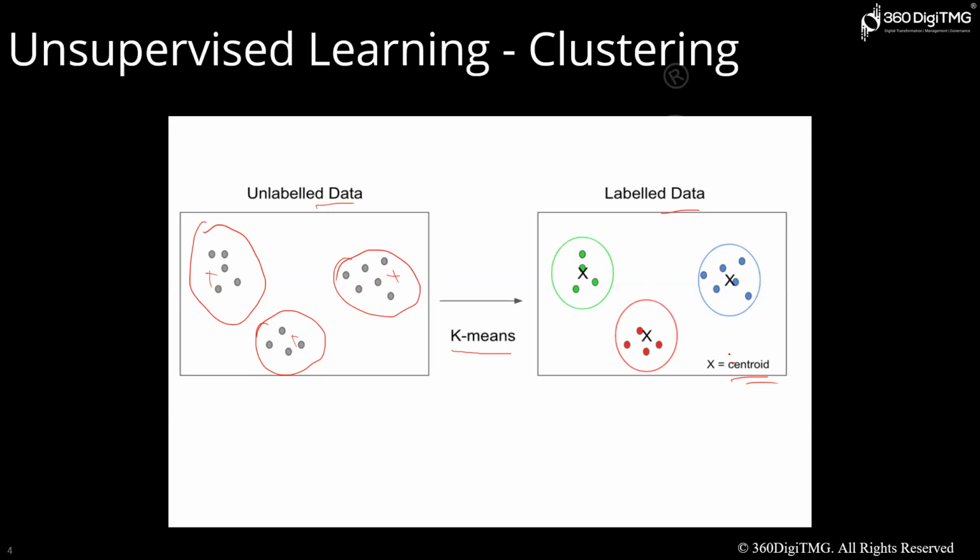So first of all, what is clustering? We know how K-means works: we have unlabeled data, we use K-means and make it labeled. But what is clustering? For unsupervised learning, Y is unknown.